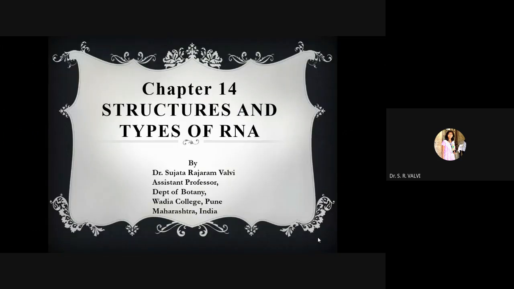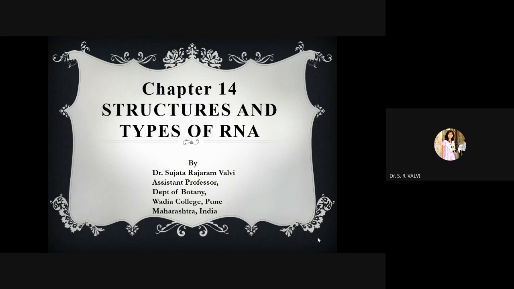Now we are going to learn the last part of this chapter, structure and types of RNA. In the previous two lectures I have explained mRNA and rRNA.